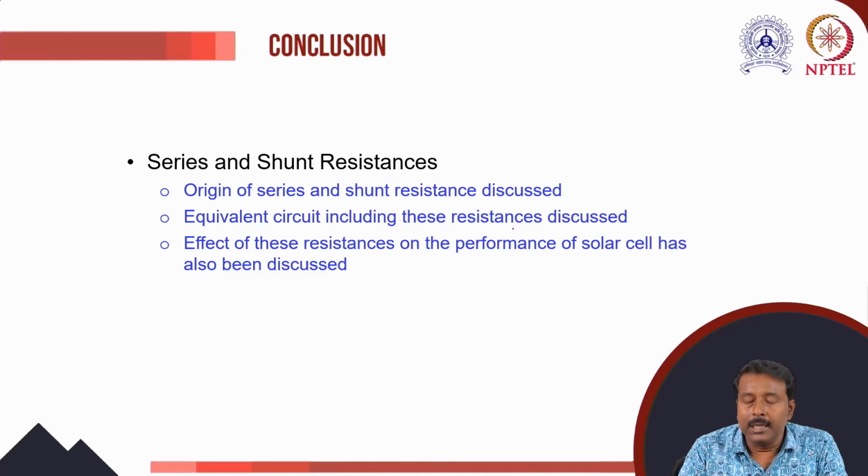In the equivalent circuit also we have shown these two effects, these two resistances, and the equation for the relationship between I and V is a transcendental equation if we include the values of RS and RSH, which can be solved by numerical iterative methods. And in numerical simulation, what is the main motive of this course? That these can be solved easily by several techniques to get the final value.